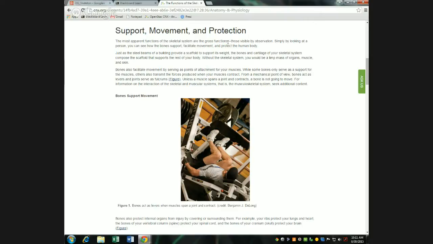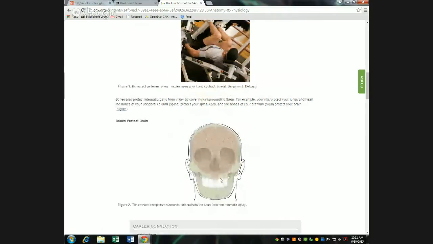And then they help to protect structures. Here they show the skull with the brain superimposed on it, suggesting the cranial cavity and protection for that organ there. But we can also think about the rib cage as protecting organs in the thoracic cavity, that sort of thing.